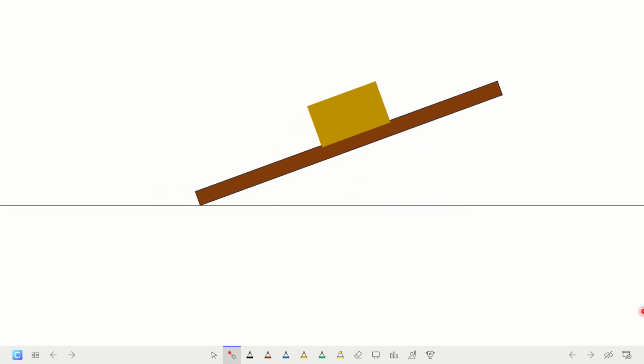If we slowly incline the plane, so the plane will be at an angle with respect to the horizontal line, and if there are no opposing forces such as the friction force, this object will start sliding. It will start accelerating down this plane.